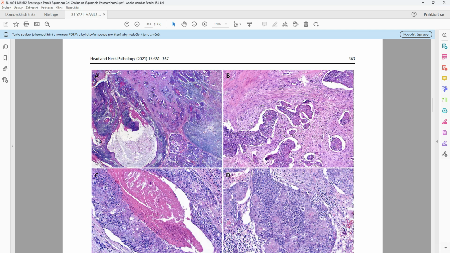Malignant porocarcinoma. Squamoid porocarcinoma or malignant porocarcinoma. It's quite specific for skin. YAP1 NUTM1 and YAP1 MAML2, these two fusions are specific for it. But I have never seen it as a primary tumor of the parotid gland, so I'm done with my cases.